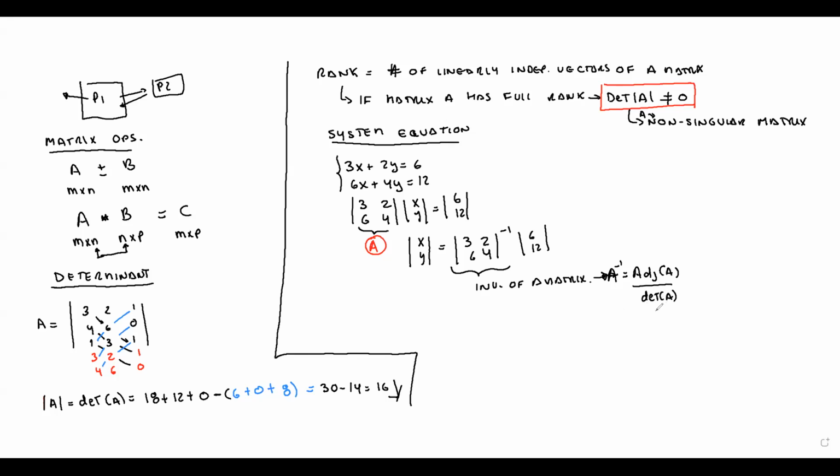Now, what happens if A is linearly dependent?